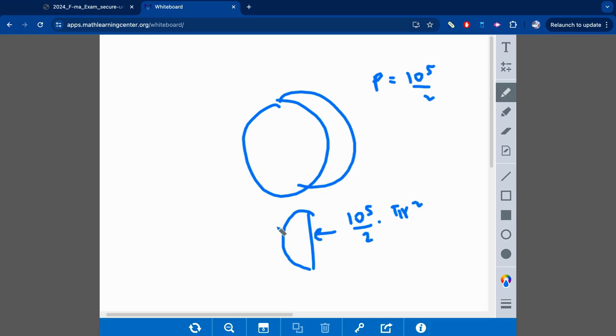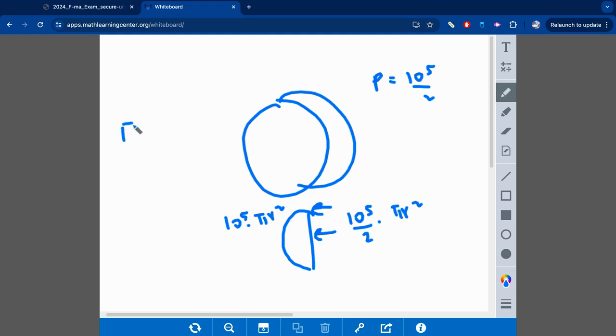So pressure times area. And then the outward pressure force is going to be 10 to the fifth times pi r squared, because the air pressure at sea level is double this. And so we just want to figure out what force we need to balance the forces, to basically pull them apart.